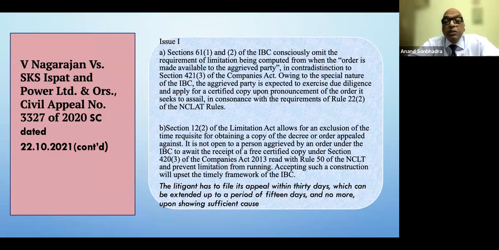So in this case, the order was pronounced on a particular date, and it took a bit of time for the order to be uploaded. The order was uploaded with the incorrect judicial member's name, and then the corrected order came after a few days.